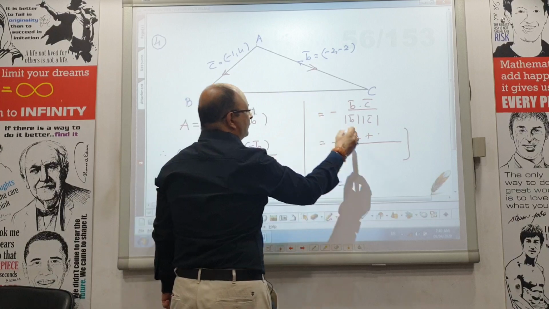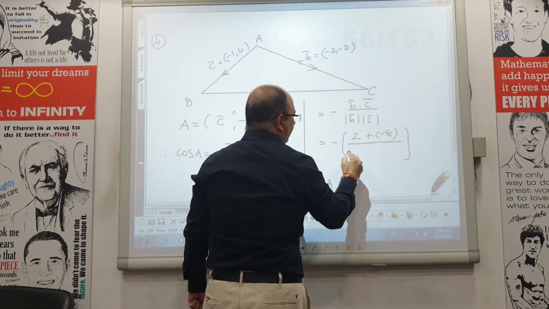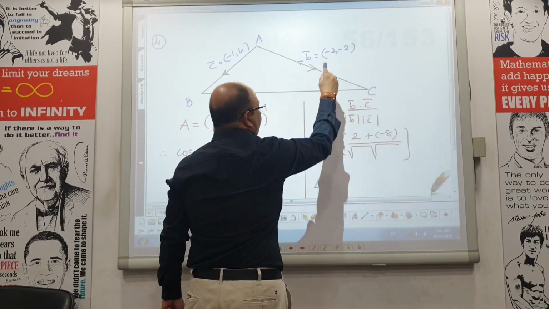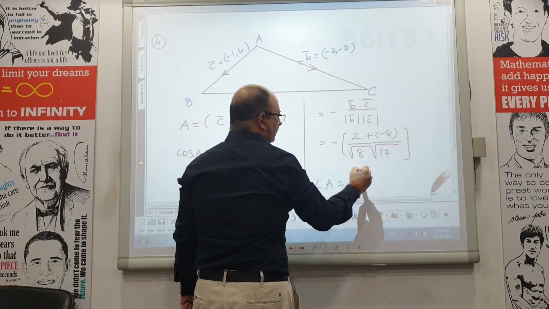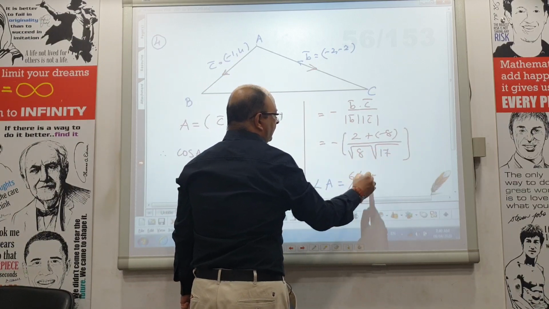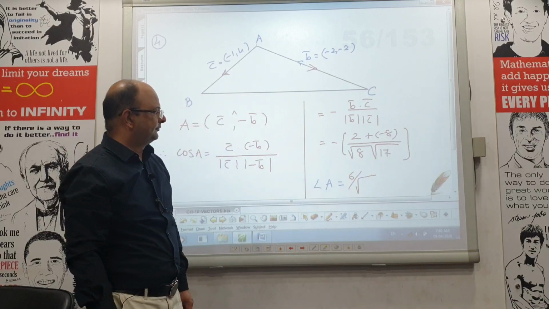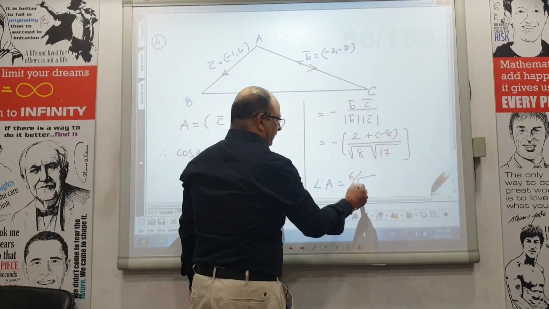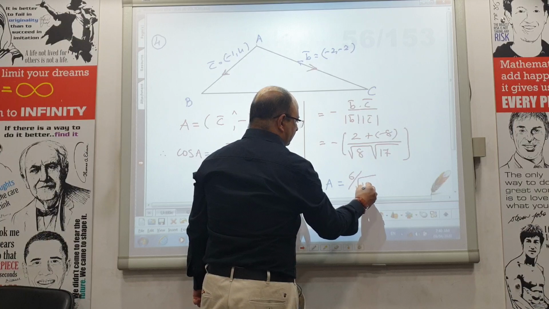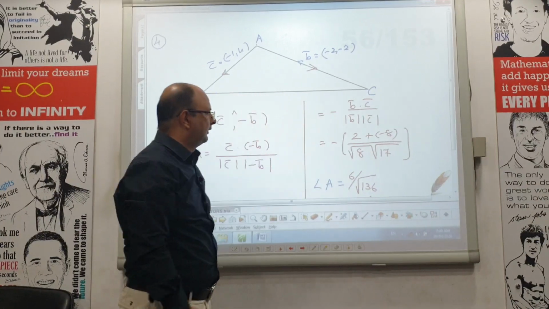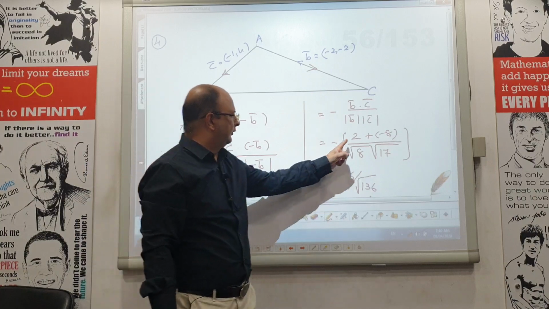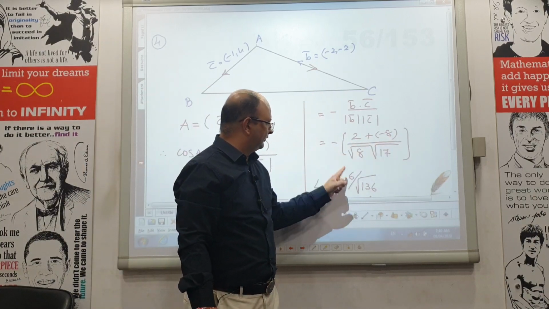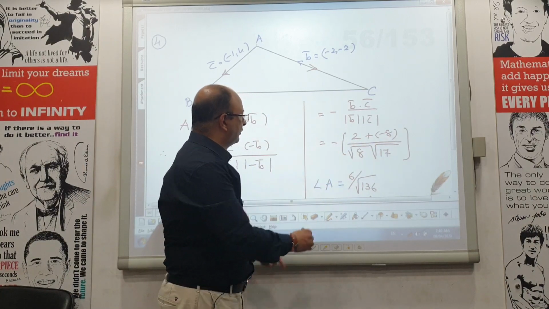Minus 2 into 4, that is minus 8. Upon root 4 plus 4, that is 8, times 16 plus 1, that is 17. This is 6 upon under root 136. Yeah, it is true. 2 minus 8 is minus 6, minus minus plus 6, and that is your cos A.